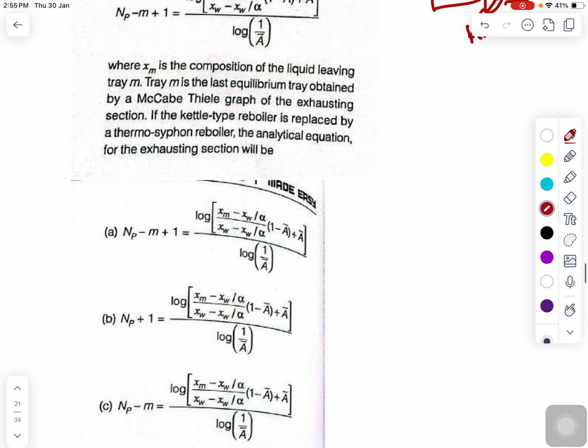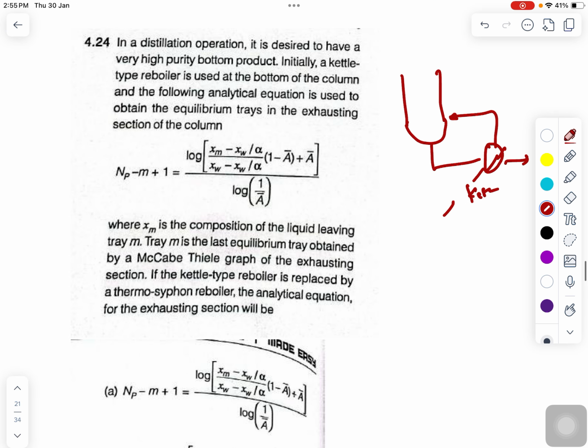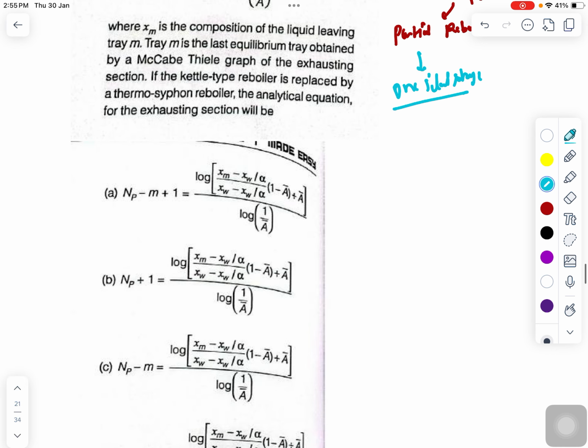The analytical equations of that thing. So when we talk about the kettle type reboiler, it used to work as a partial reboiler, and a partial reboiler works as one ideal stage.